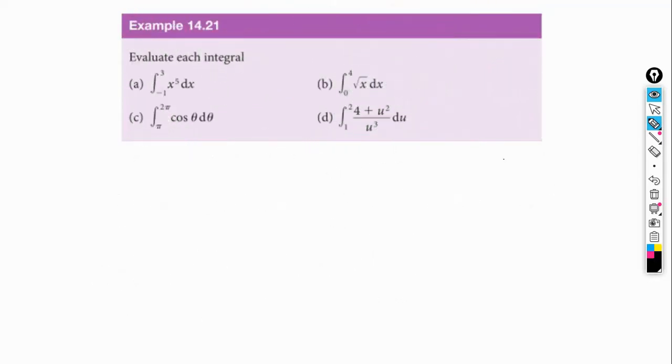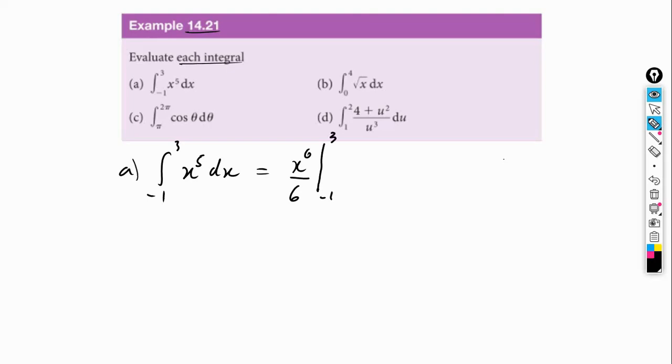So in example 14.21, they ask us to evaluate each integral. Okay, so a would be the integral from -1 to 3 of x to the 5 dx. So the antiderivative of this is obviously going to be x to the 6 over 6. So the notation for this is normally a straight line, and we put the lower bound down here and the upper bound here.